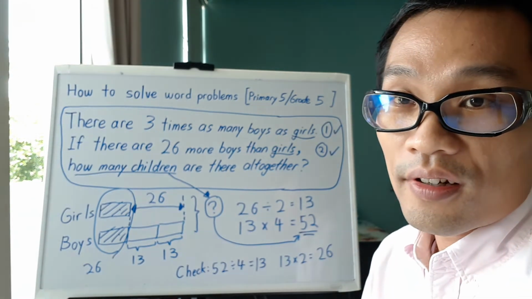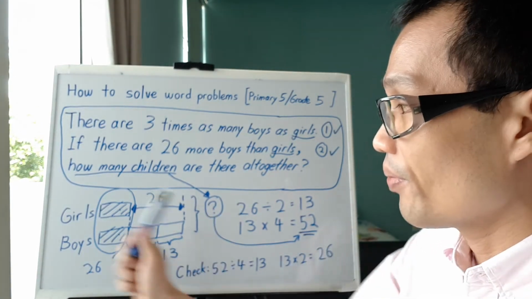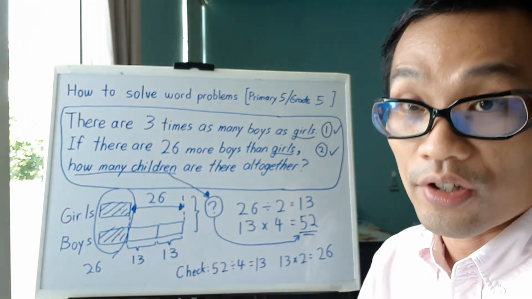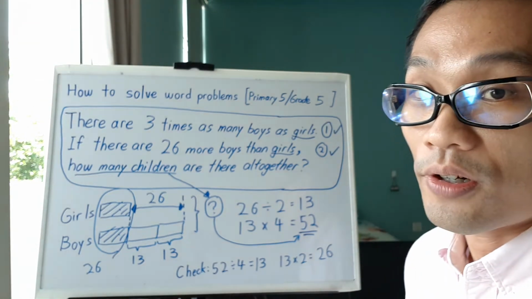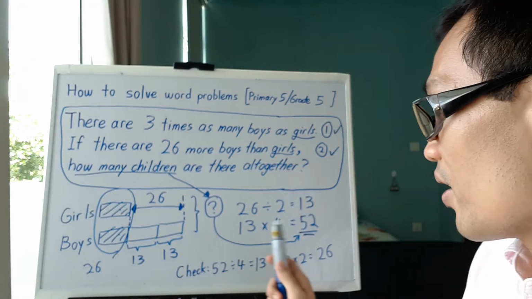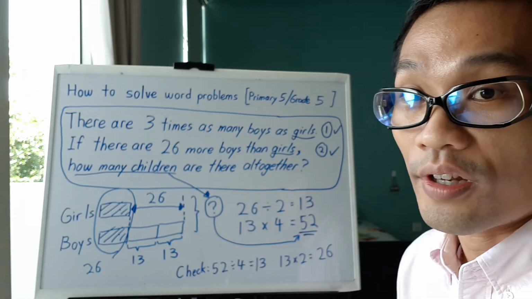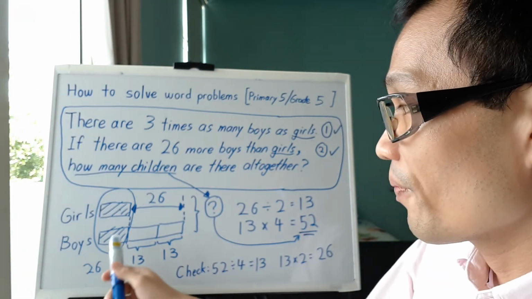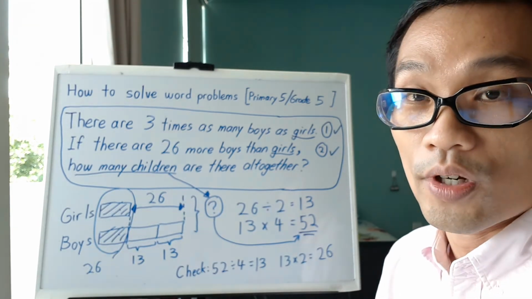The third step is to solve for the word problem based on the information that I've understood. So 3 very simple, easy steps. And last but not least, you want to check whether your answer is accurate. So you check by working your steps backwards, or try solving the problem in another way, like what I was telling you earlier. If these 2 units make up 26, then these 2 units make up 26 as well.